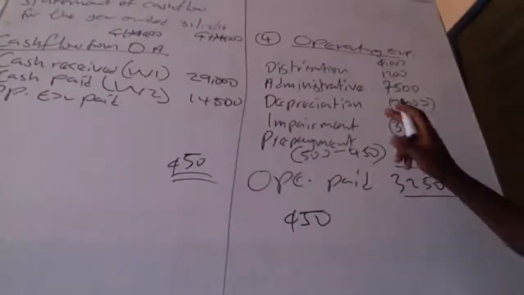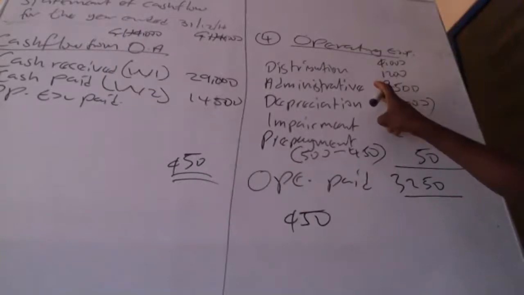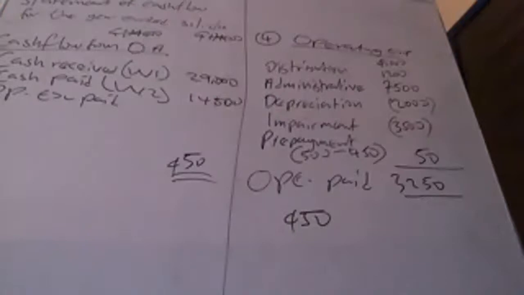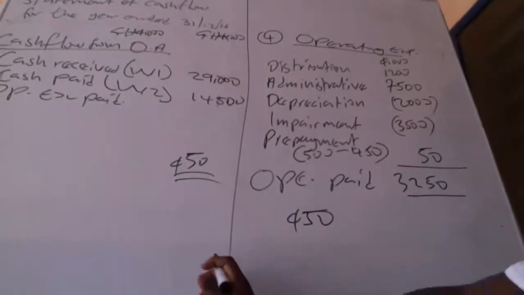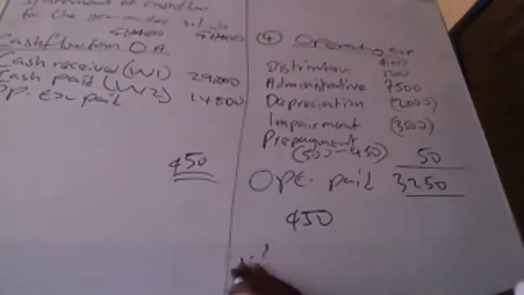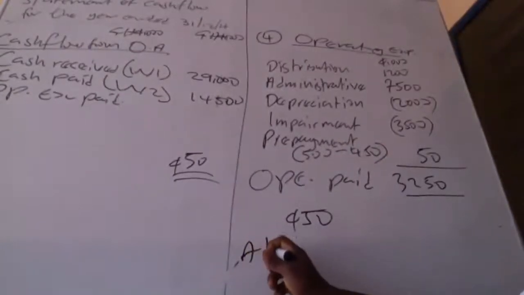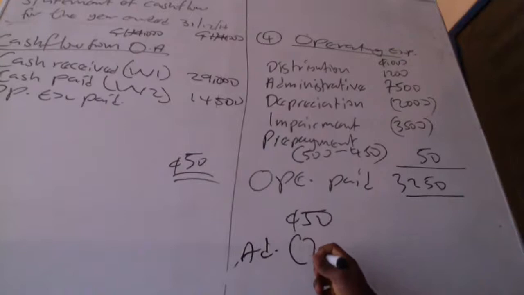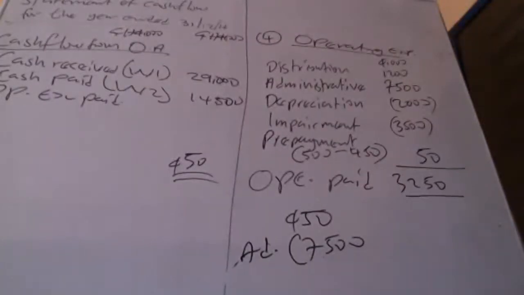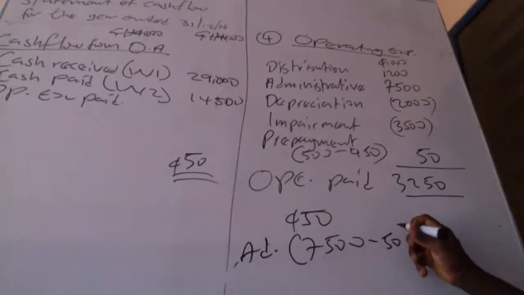Let's assume that admin is what? 7,500. So it means, originally, what you do is this. You write admin expenses, in brackets, prepayment. Out of the 7,500 paid, 50 is being paid in advance.